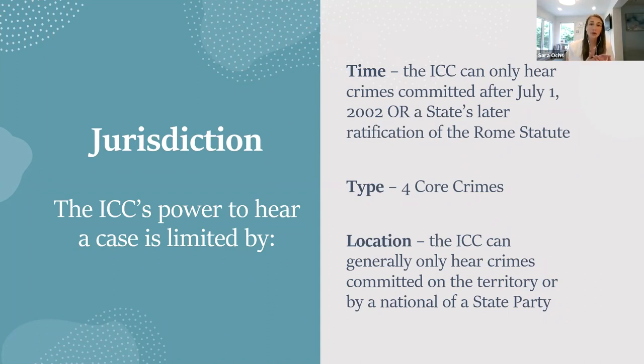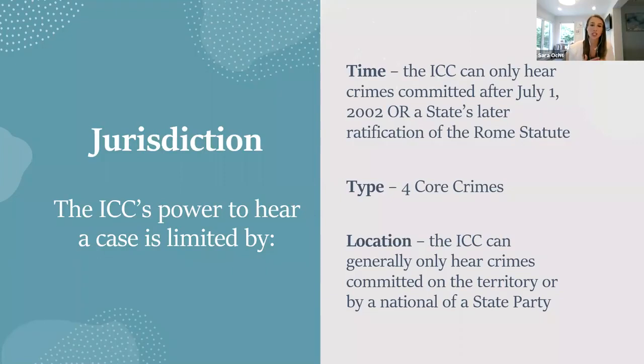Alternatively, some of the crimes committed by the defendants were committed by Congolese defendants, but in neighboring countries like the Central African Republic. The court can still hear cases involving those crimes in the CAR because they were committed by defendants of the Congo, a state party.